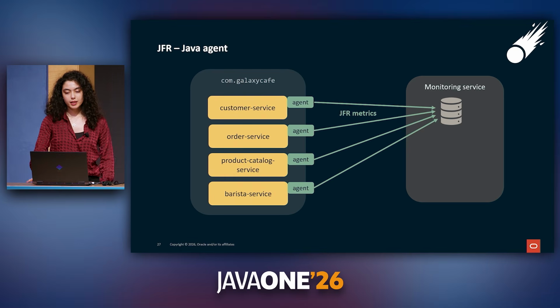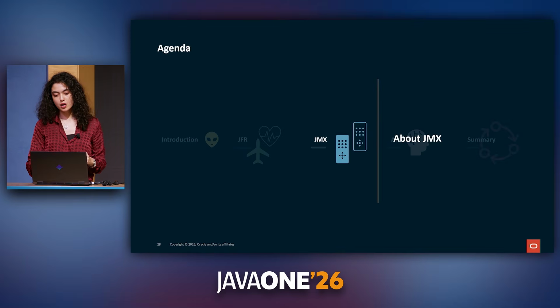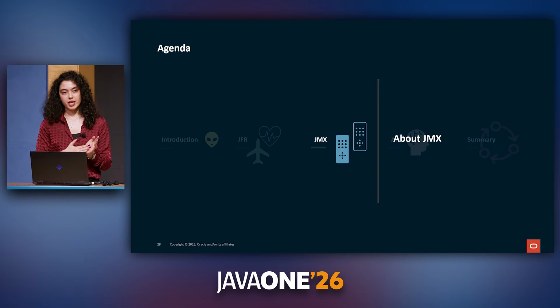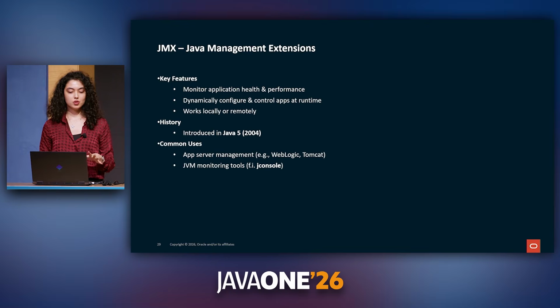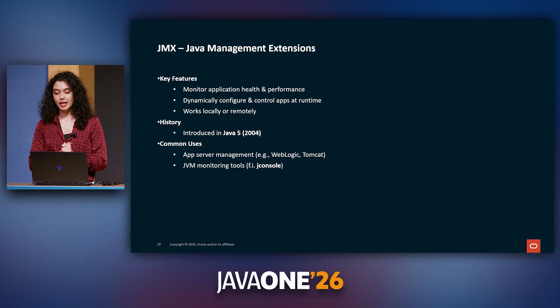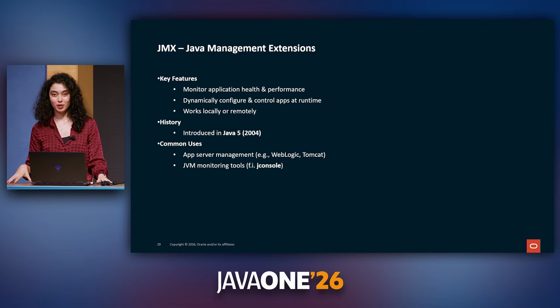So far, we started JFR recording with a Java agent in each microservice, and we streamed the events to the monitoring service. And now we're going to talk a bit about JMX and how we can control the microservices. JMX, Java Management Extension, is a long-standing feature of the JDK introduced in Java 5 back in 2004.